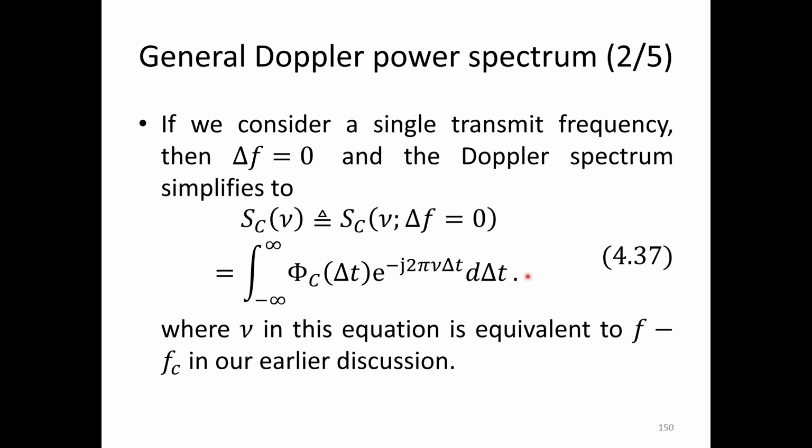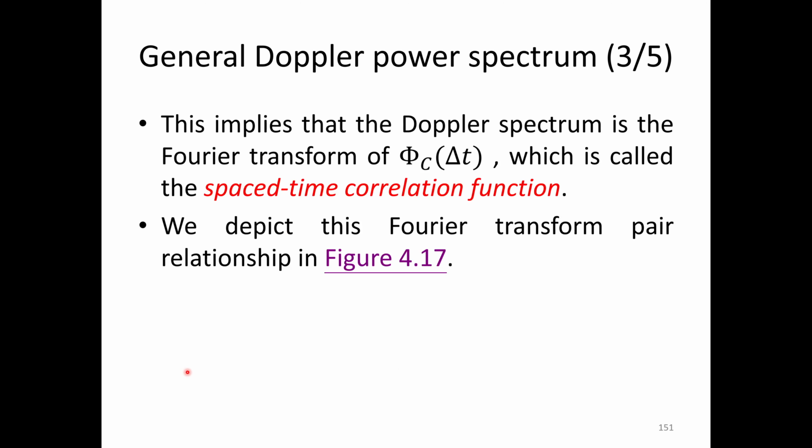Now we know that Sc, that is the Doppler spectrum, has only one variable V. So V is equivalent to F minus Fc. So this implies that the Doppler spectrum is the Fourier transform of capital phi c of delta T, which is called the space-time correlation function.